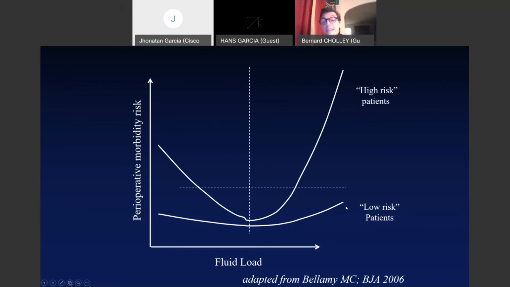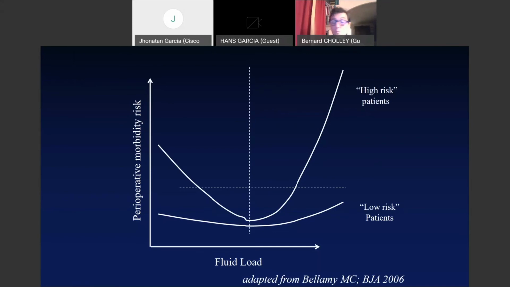But if I am dealing with a high-risk patient, the picture is completely different. It is extremely important to achieve the ideal fluid load, because if I move away, if I do not give enough fluid, this patient is at risk of developing complications because of the low flow and the hypoperfusion of certain organs.